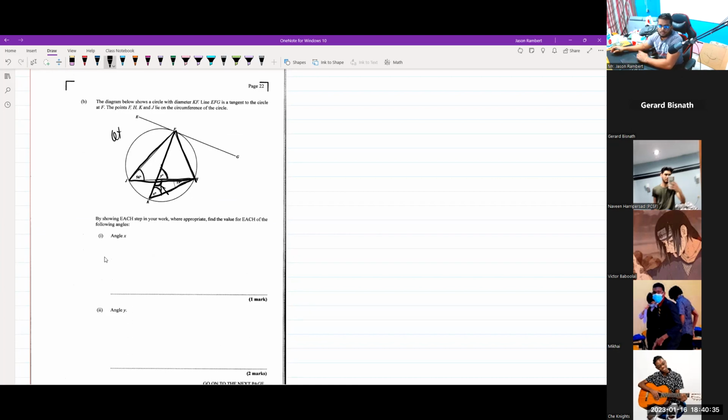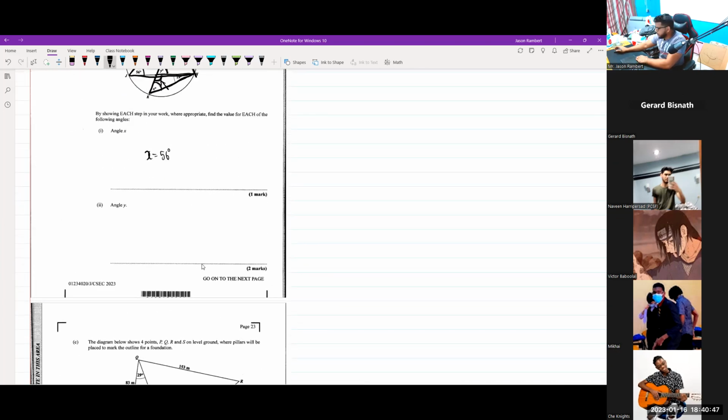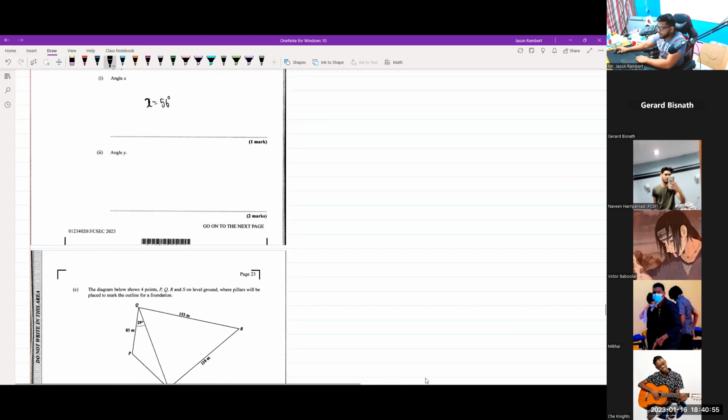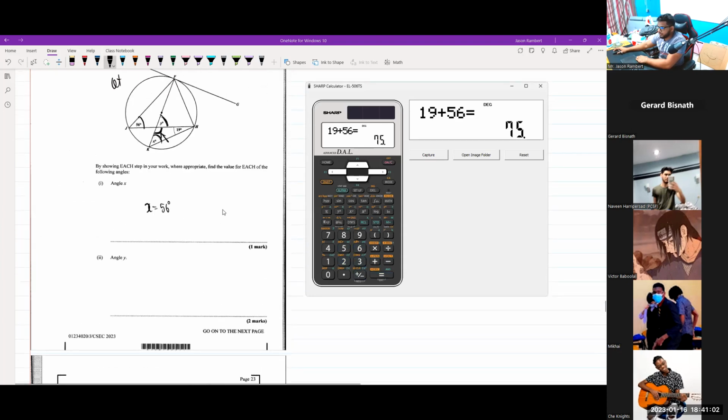That's it? That's it. Oh, okay. So you get X is 56 degrees. What do I get for Y? Let me work it out now. That is 19. 19 and 56 is 75. 180 minus 75 is that angle there.